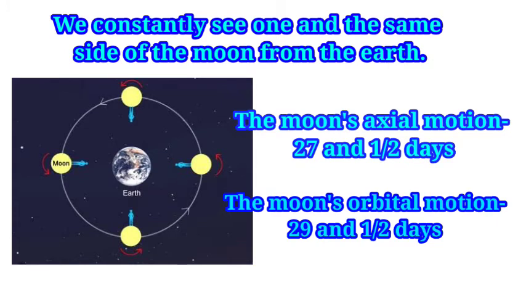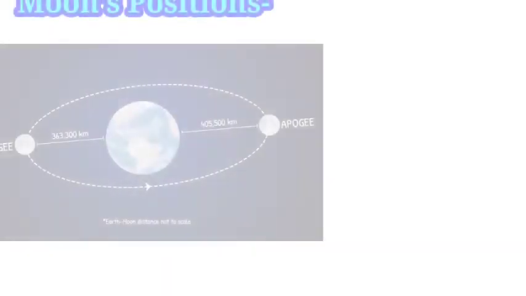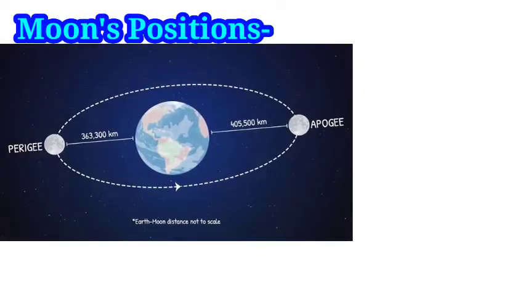It means there is not much difference in its orbital and axial motion. For that reason, we constantly see one and the same side of the moon from the earth.